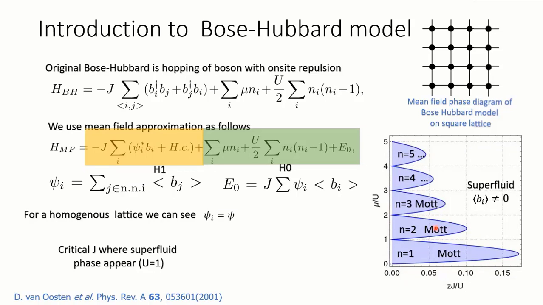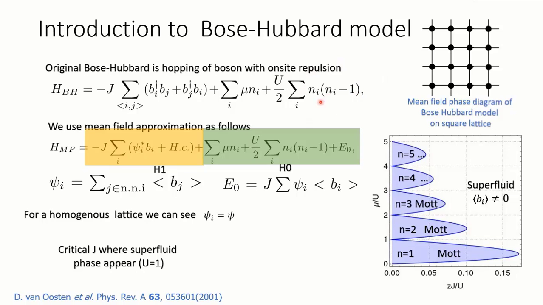As a study case, I consider here the Bose-Hubbard model, which is hopping of the boson, controlled by this term J. This is the hopping strength, where one boson is annihilated in J and created in I, and a chemical potential which controls the number of bosons in each vertex, and an interaction term, the Hubbard interaction term, that describes intra-site interaction between bosons.